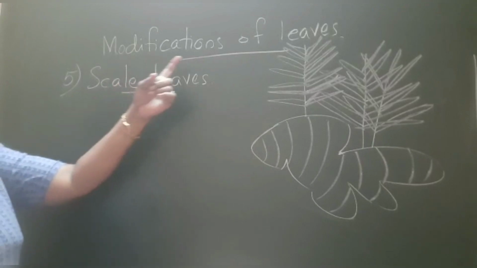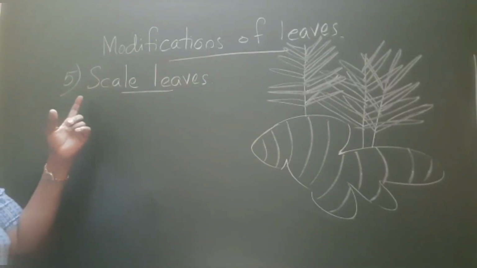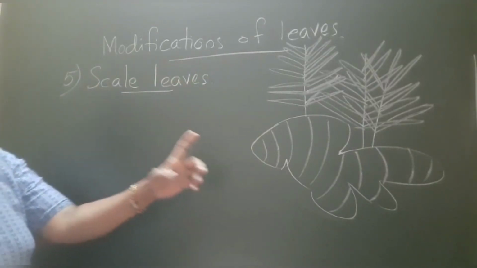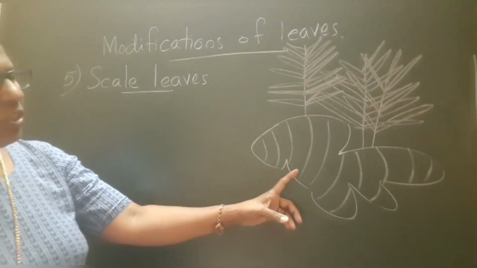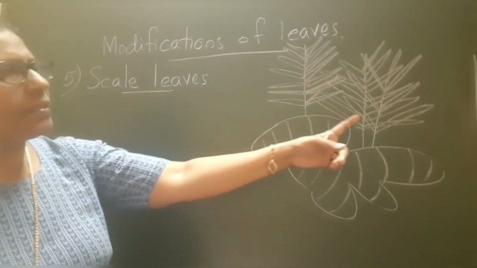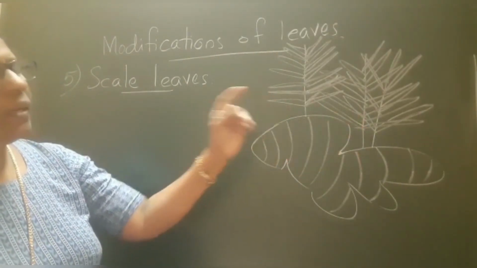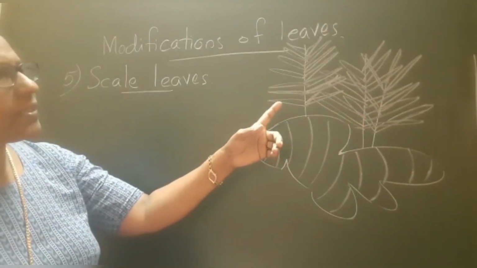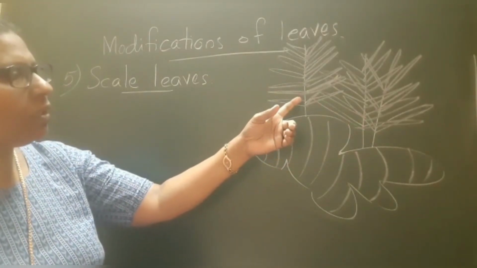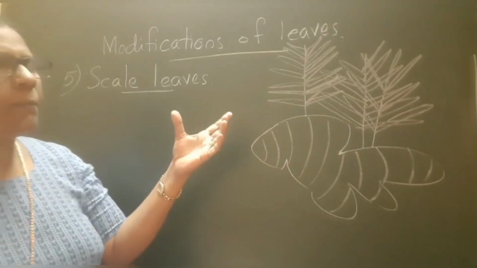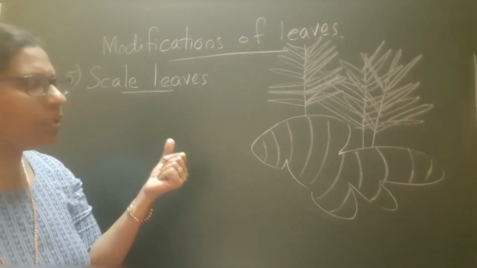The fifth modification of leaves is scale leaves. This is a ginger and its leaves. Sometimes they are dry and thin, and some leaves are fleshy and thick.